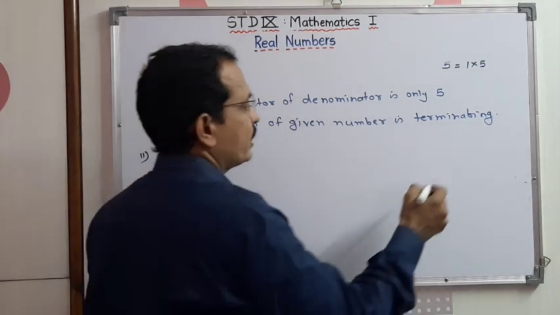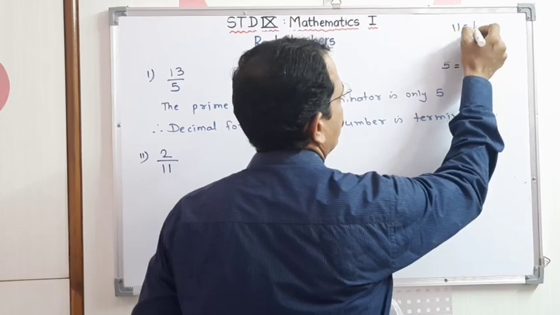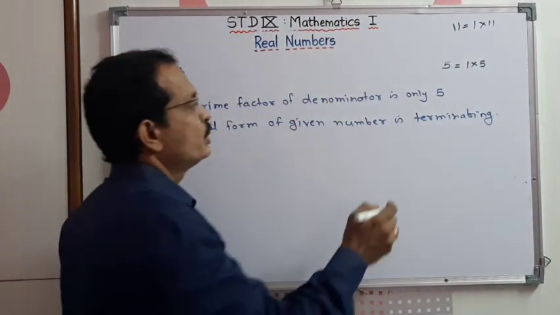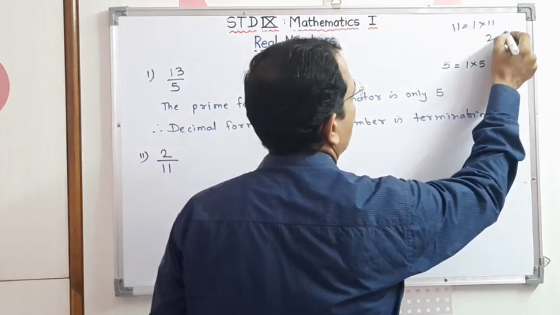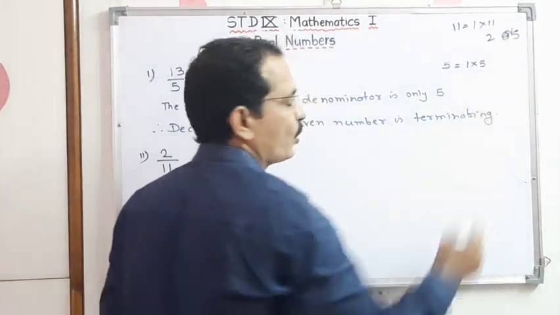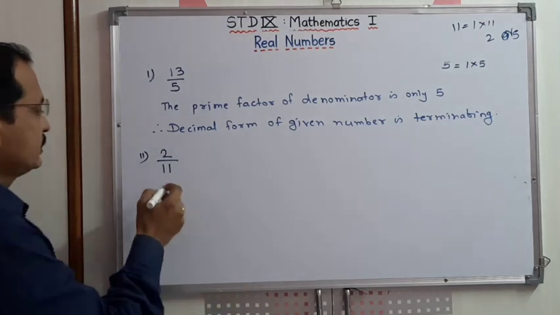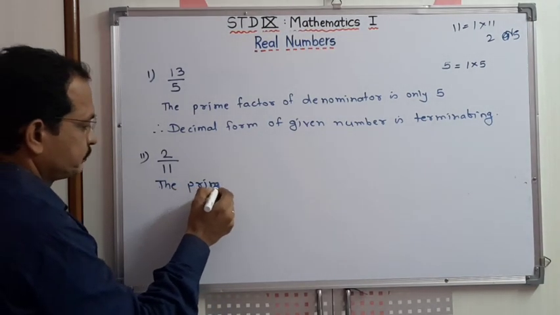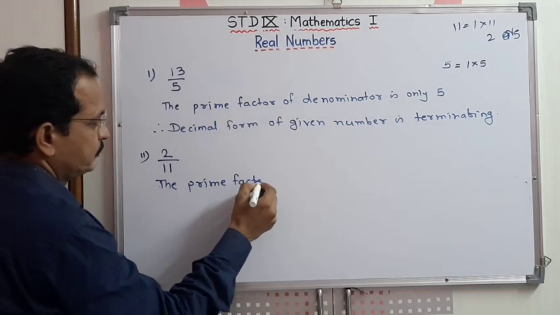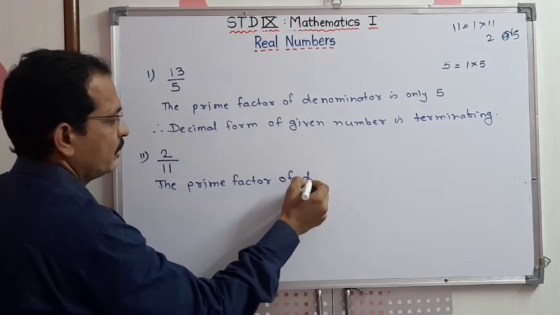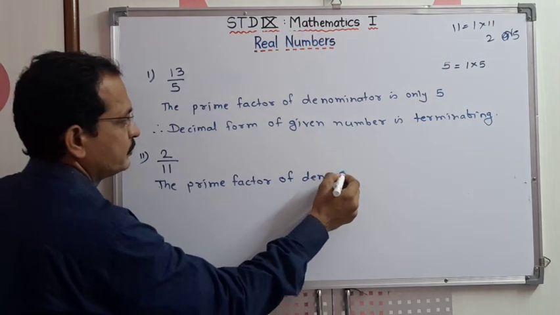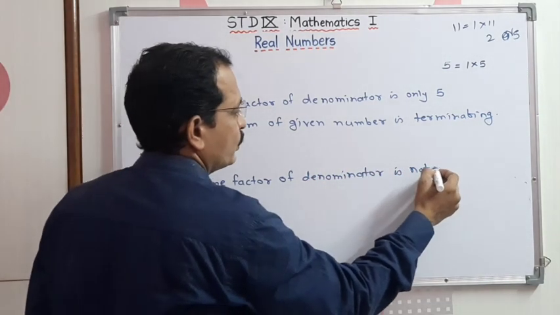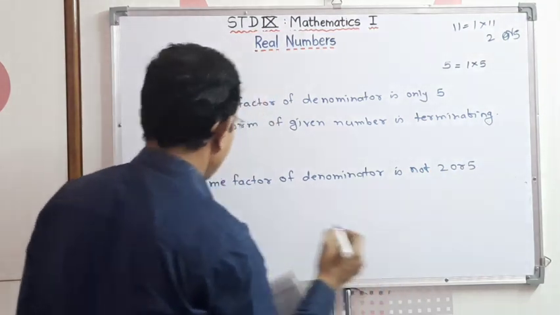Now prime factor of 11, that is 1 into 11, that means its prime factor is not 2 or 5. Therefore, see here, the prime factor of denominator is not 2 or 5.